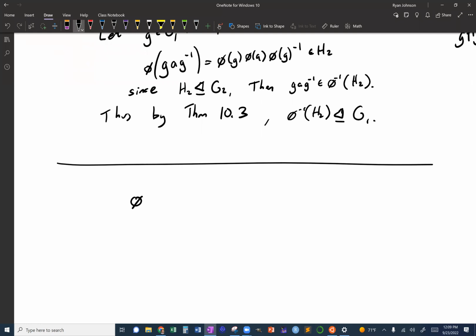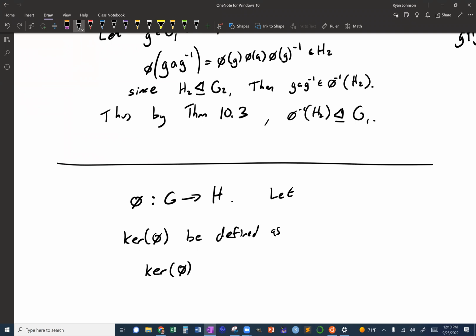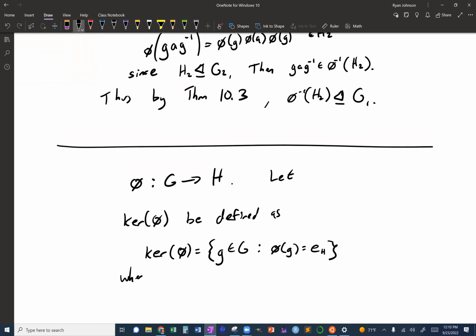When you have phi from G to H, then everything that's sent to the identity of H. So let the kernel of phi be defined as: kernel of phi equals G in the domain such that phi of G equals EH, where EH is the identity of H.